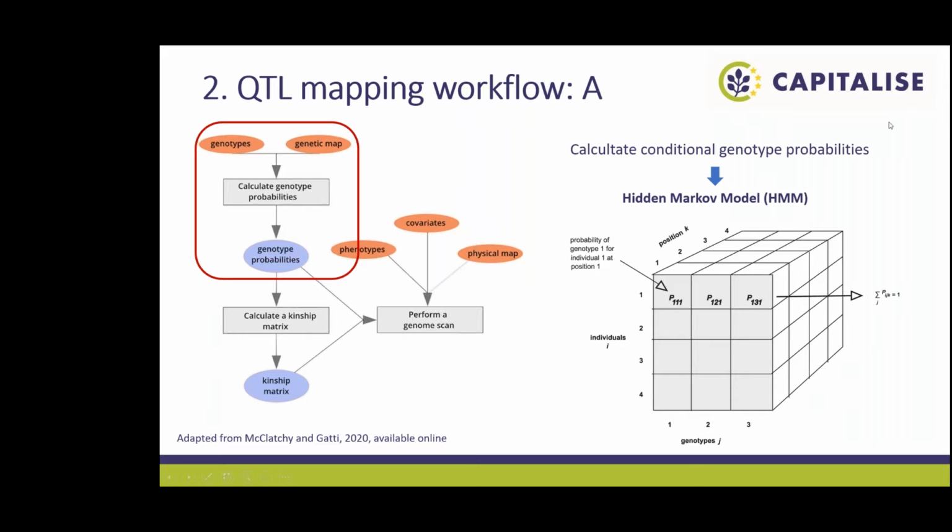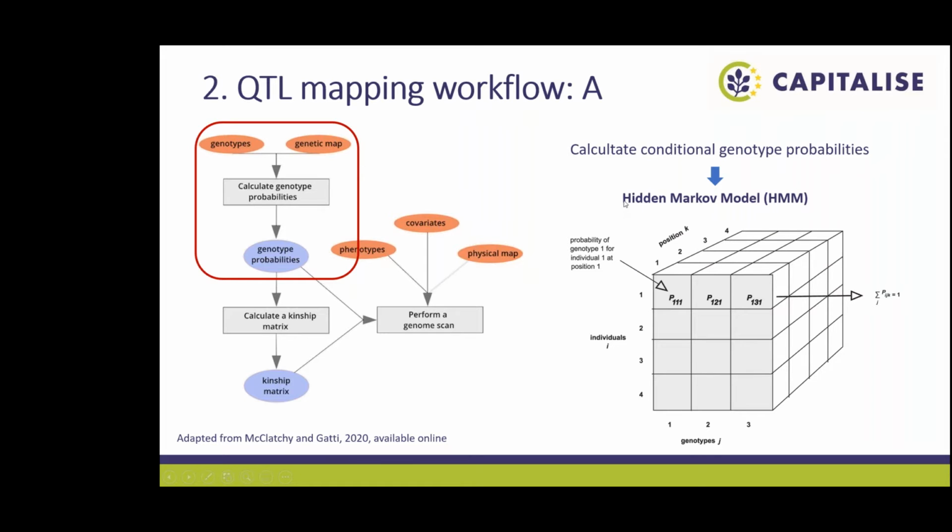So the idea is that along the chromosomes of our RILs, we want to reconstruct probabilistically the mosaics we were talking about. In order to do so, here I'm showing you this cube that represents a bit the complexity of the data.